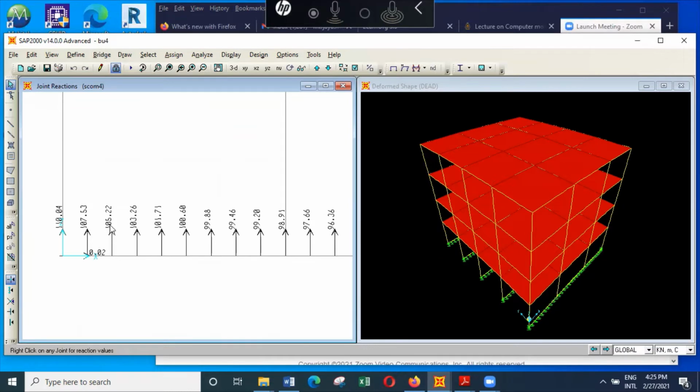So if the reaction is 107, 107 divided by 1.8 divided by 0.5, sorry, 0.5, gives a soil pressure of 118.